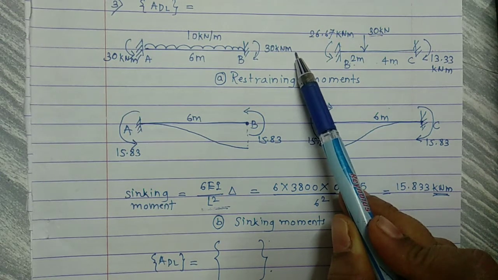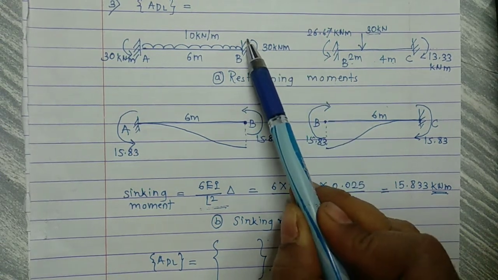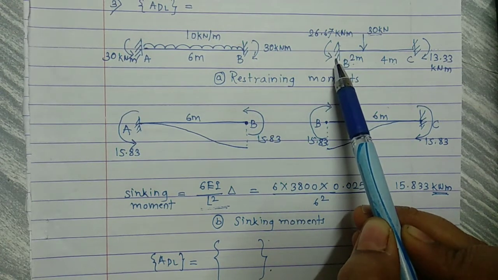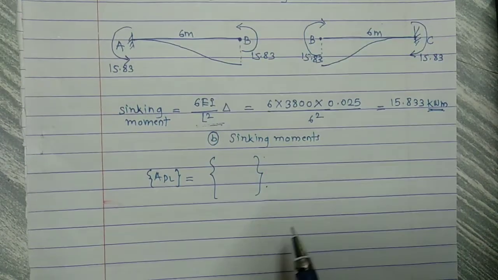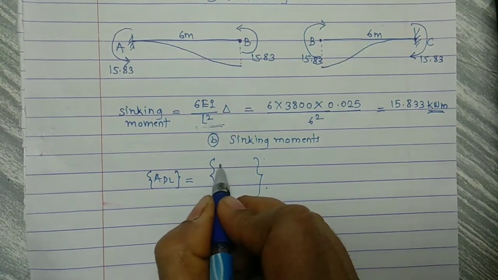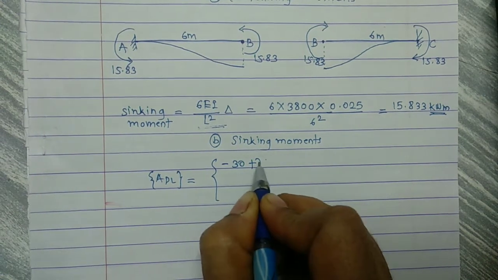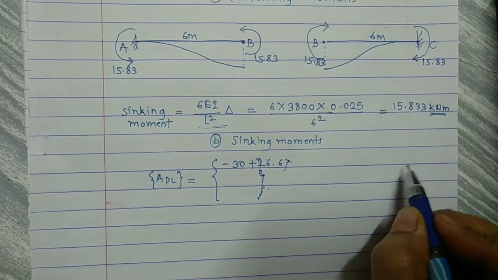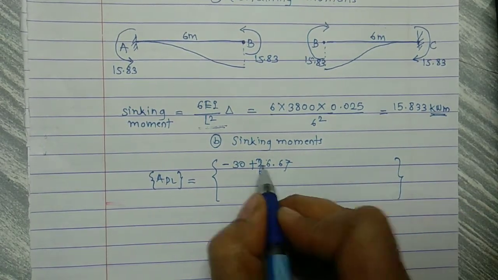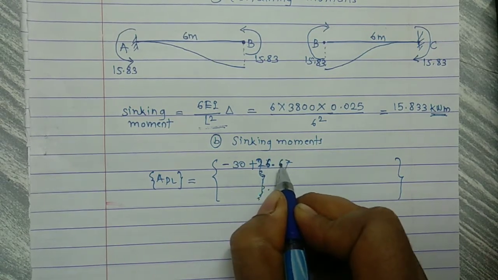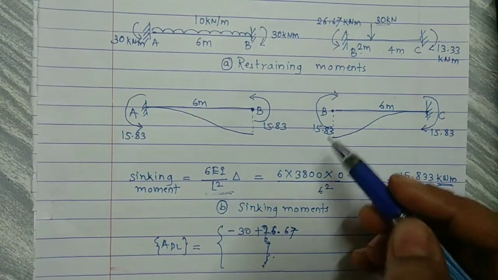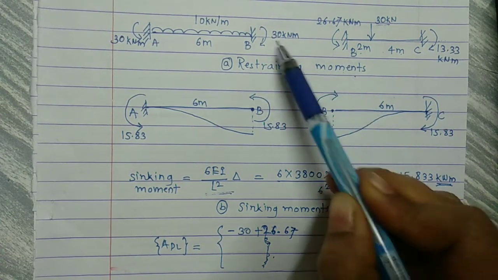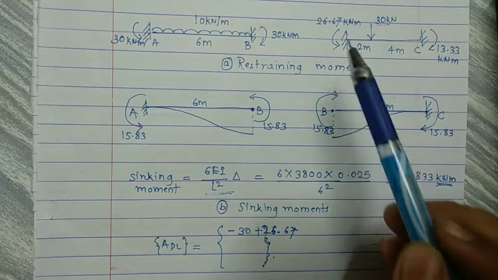Moment at point B. So from the restraining moments, the moment at B, this is clockwise 30, this is anti-clockwise 26.67. So write down first from the restraining moments: minus 30 plus 26.67. This bracket will show this side. Okay, as there is addition of moments, because the moments are from two figures, the first moment, second moment, restraining moments, two moments are there: minus 30, 26.67.